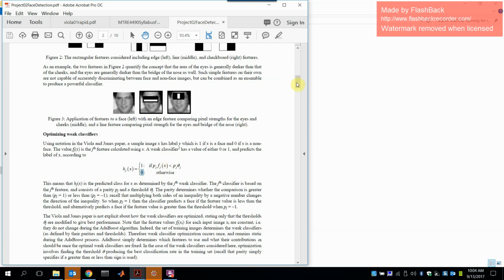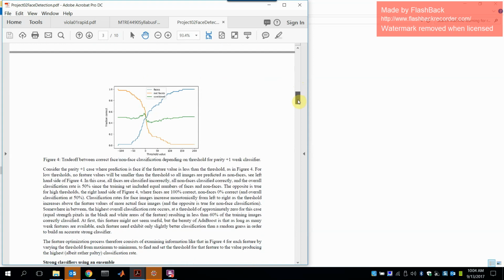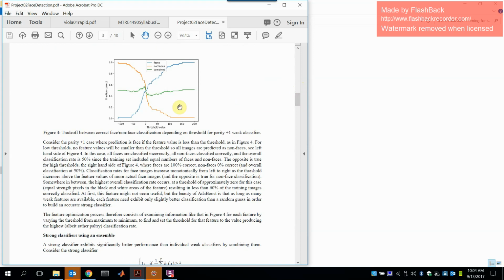And we talked about how before you do anything, you're going to go through and find the best threshold on all of the training data. And that is not going to change during the AdaBoost algorithm. You're going to find the optimal thetas given the training data that you're going to use, and that's going to be set. The weak classifiers are not going to change then.